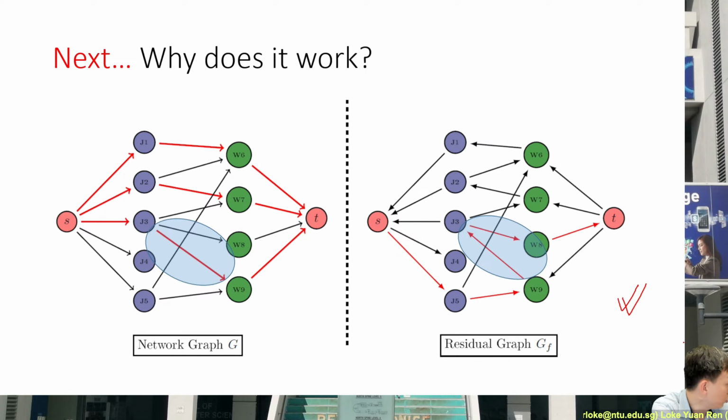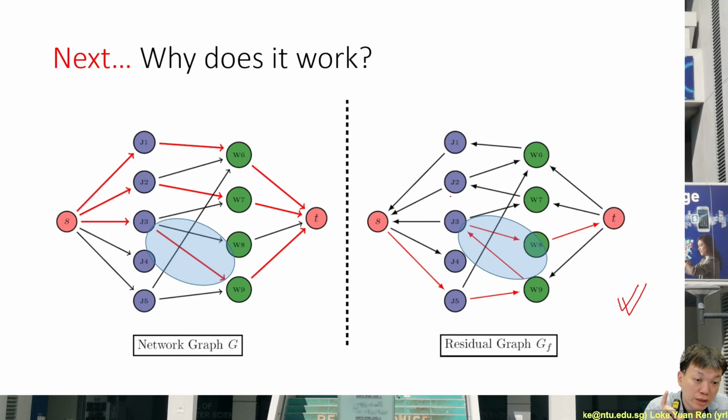Okay, back to your question. Your J3, you can go to W7, W8. After this stage, from J3, you cannot reach W9 directly.